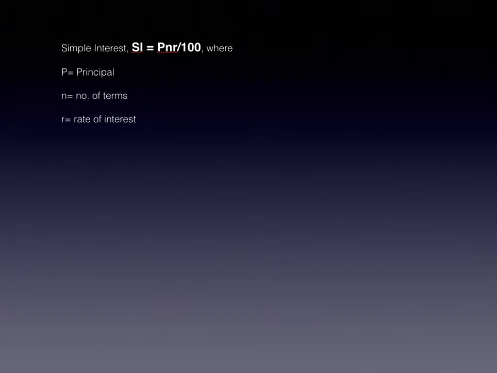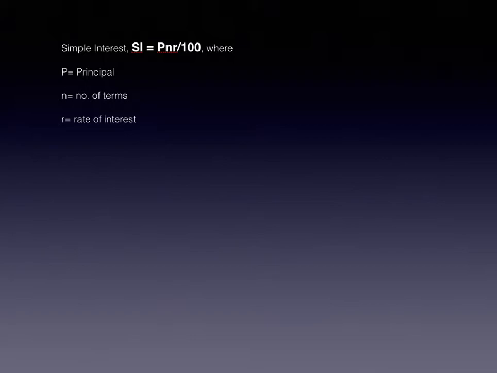Then our simple interest for the whole 2 years will be 240, and this 240 will be added to our amount. That is, after 2 years we'll get 1240 as our amount. So this is how simple interest works.